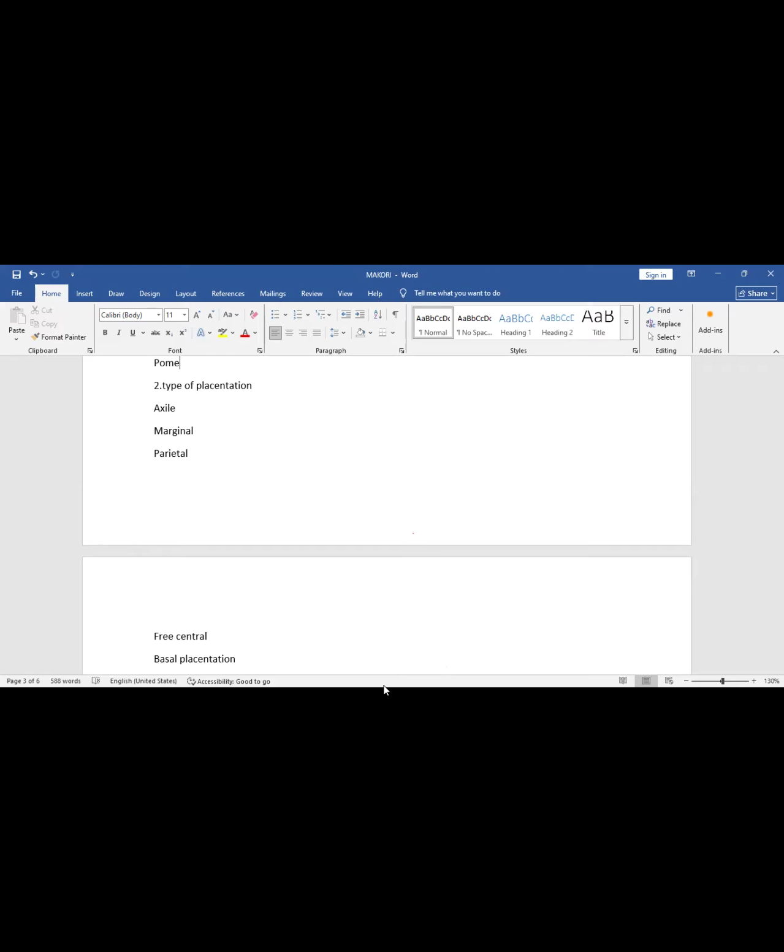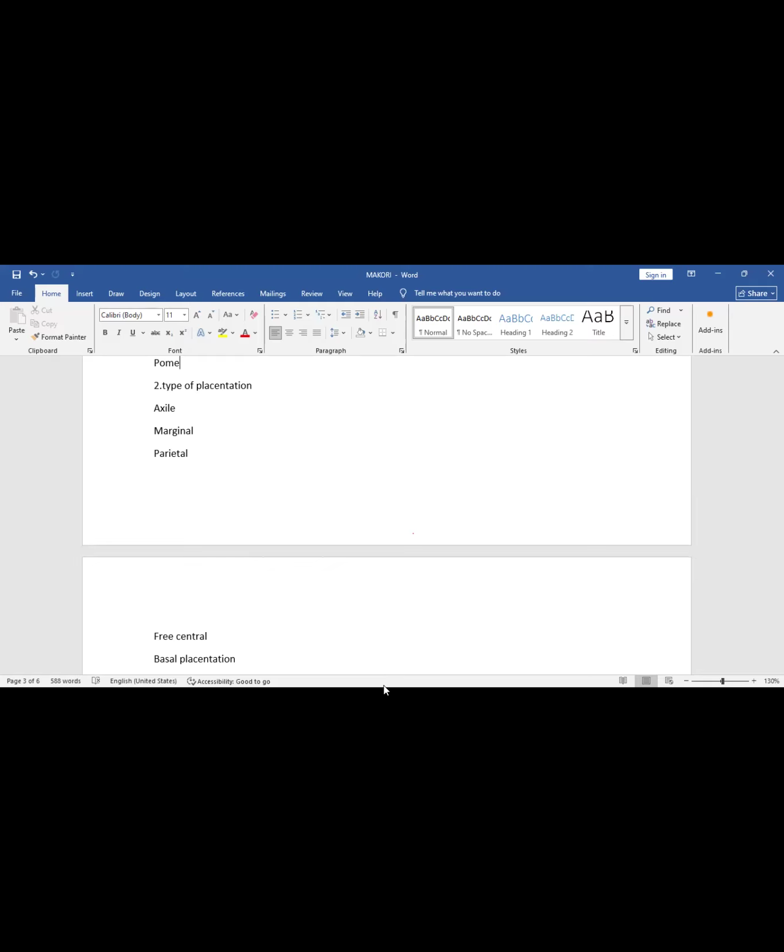The tomato, the orange, the lemon are the ones that normally have that axile placentation. The axile placentation can also be referred to as the central placentation, but the common one that we normally use is that one.